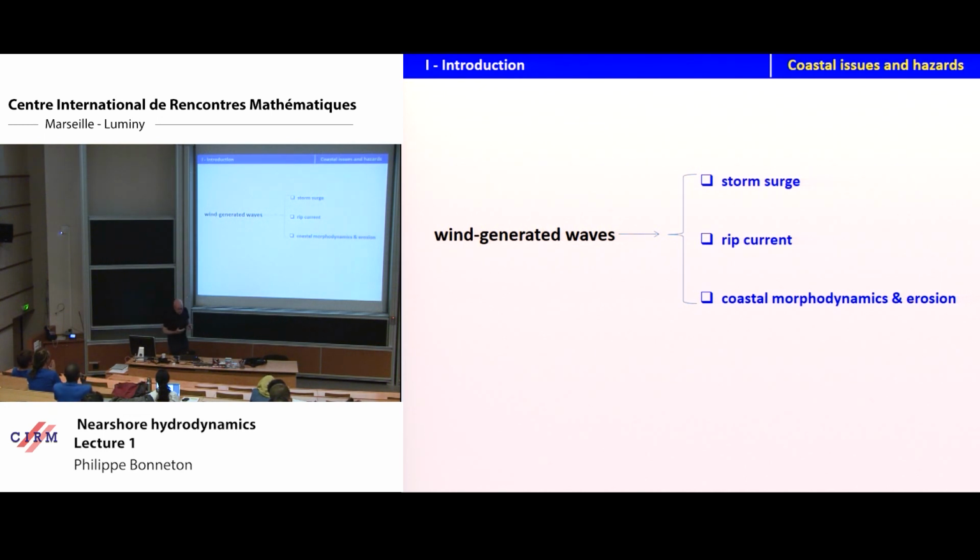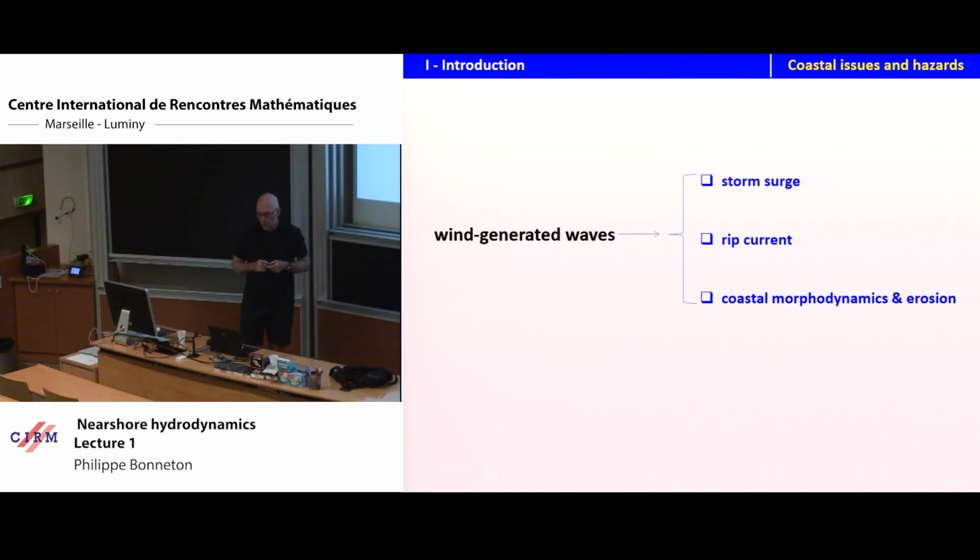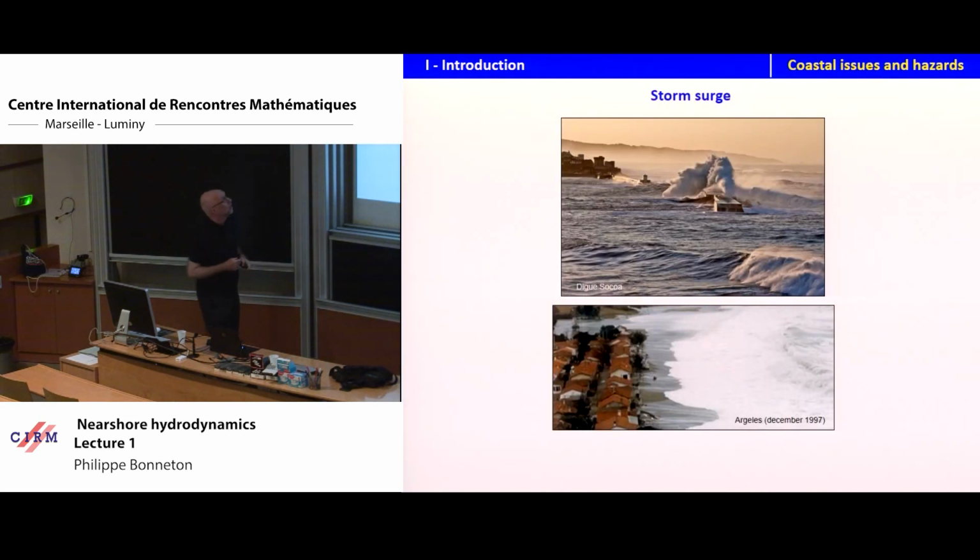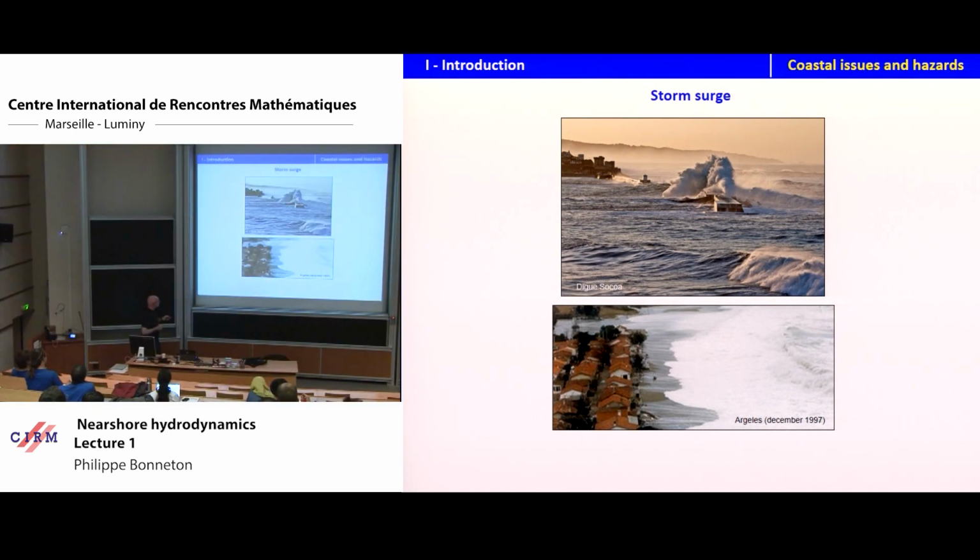So wind-generated waves control, in fact, many coastal issues and hazards, in particular related to storm surge, rip currents, and coastal morphodynamics and erosion. The main one, perhaps, is storm surge. You can see here very big waves impacting a breakwater, and here waves flooding a coastal city.